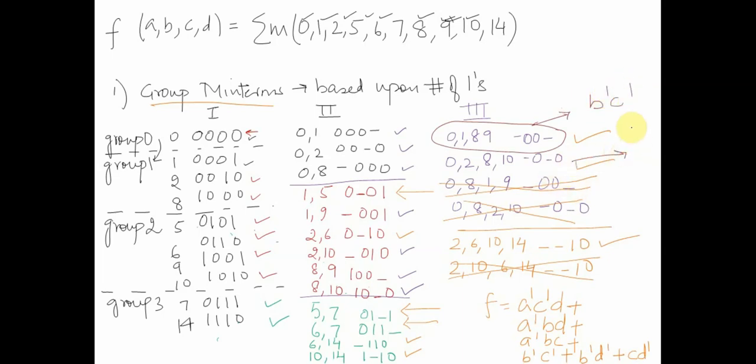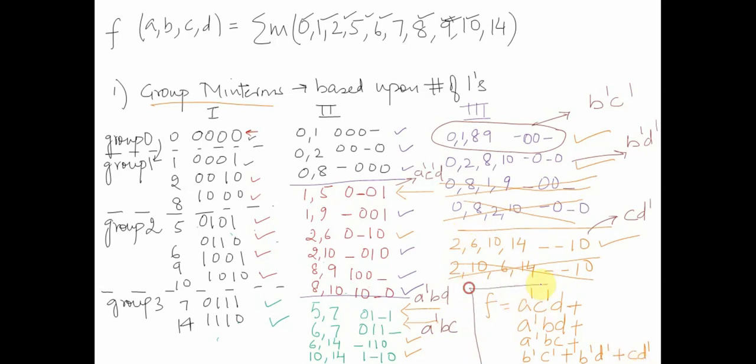This is b bar, d bar. This is c, d bar. Similarly, this is a bar, c bar, d. This is a bar, b, d. This is a bar, b, c. We have got 6 terms.